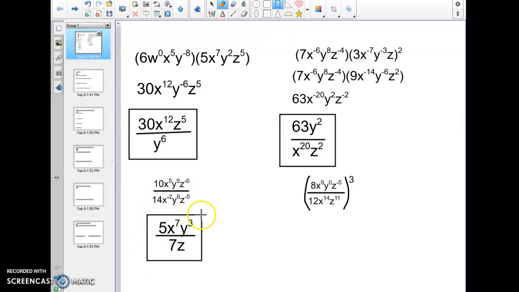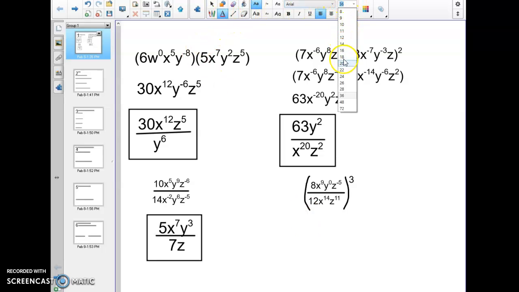Box that up. When you have an exponent outside the parentheses, once again, I can't stress enough, you want to reduce first. So instead of this becoming 8 over 12, the 2 becomes 2 over 3.